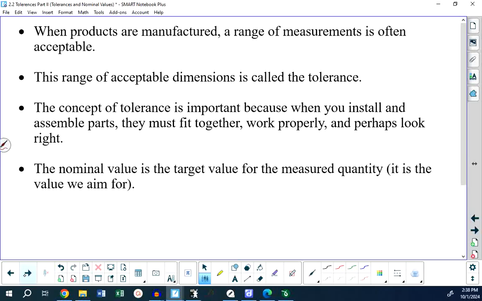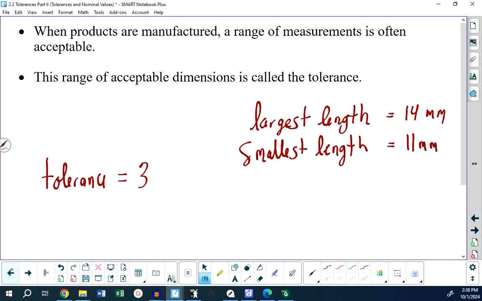So I don't know, but I'm going to ask, if this is the largest length and this is the smallest length, what do you believe the nominal value is?